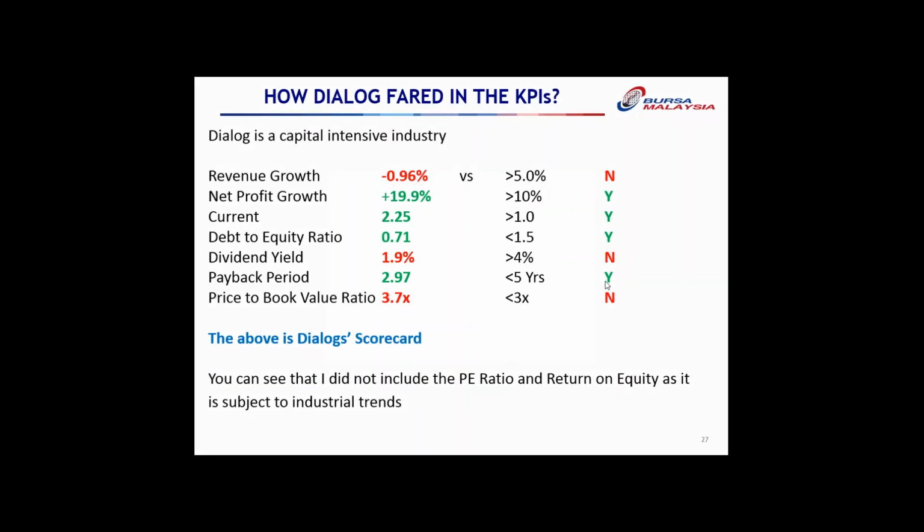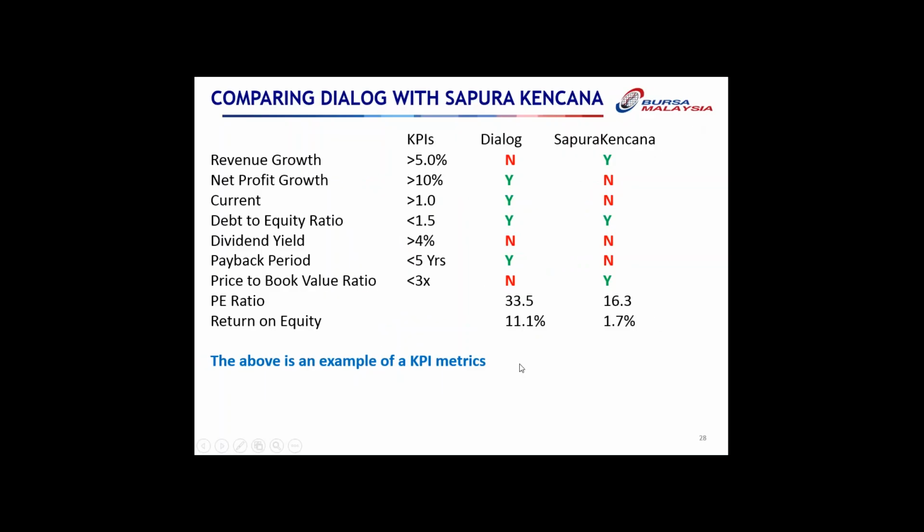Now, when we start comparing, you can add a few more companies here, and you see how many yes and no, and another figure here to help you gauge which one actually outperforms the rest, and therefore that one that outperformed the rest would be the best indicator of your investment choice.